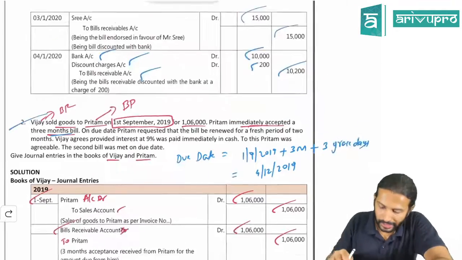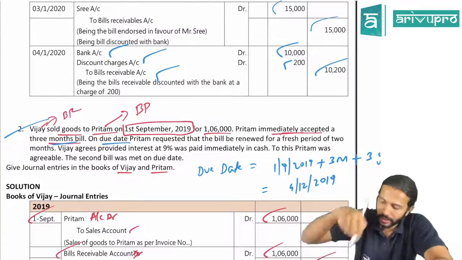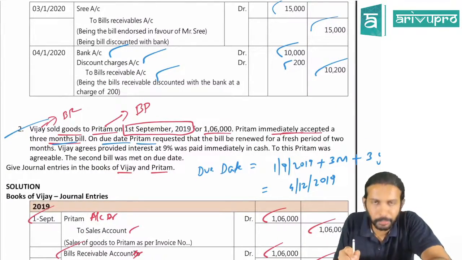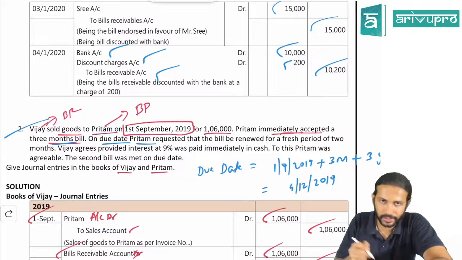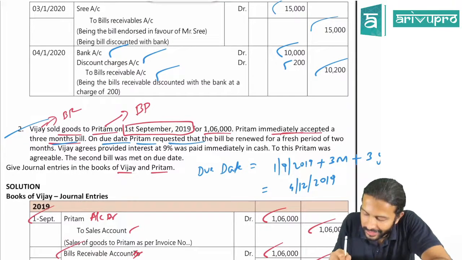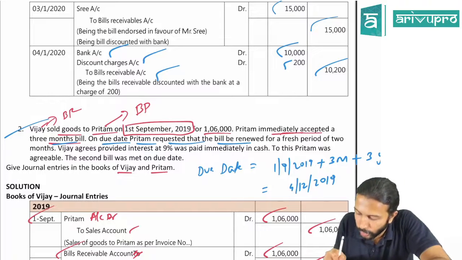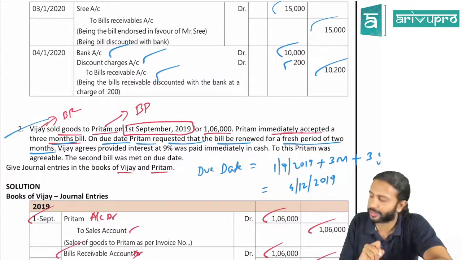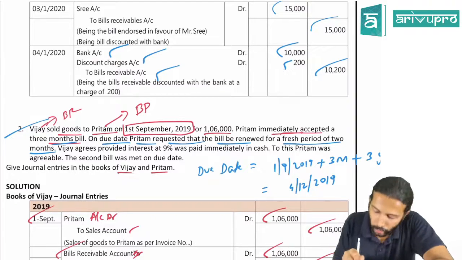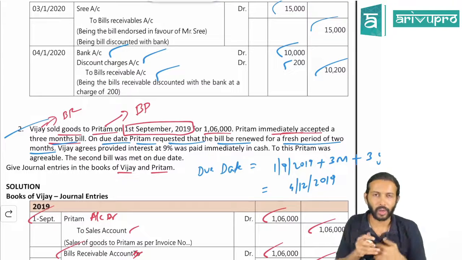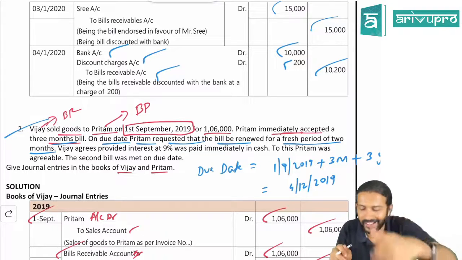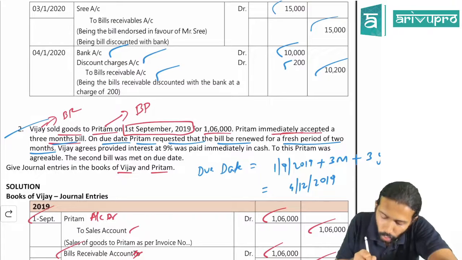Alright, so what happened? On the due date, that is 4th December 2019, Preetham, the purchaser, requested that the bill be renewed for a fresh period of 2 months. He said, I have some financial difficulties, kindly extend the bill by 2 months.